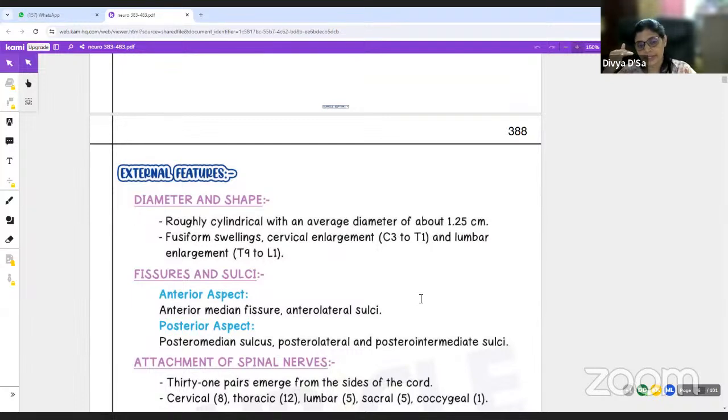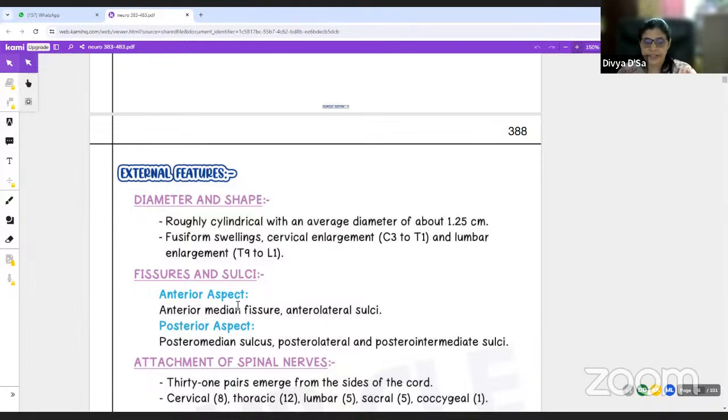The other is the lumbar enlargement, T9 to L1, related to the lumbar plexus. That is why we have the cervical and lumbar enlargements.